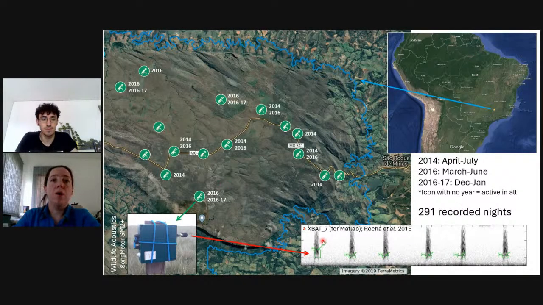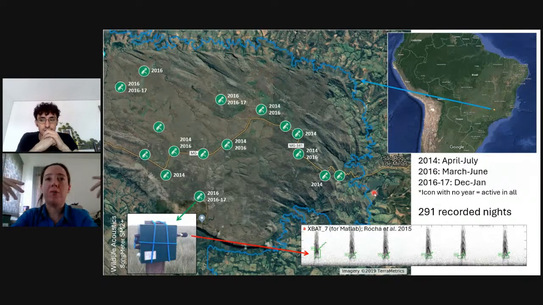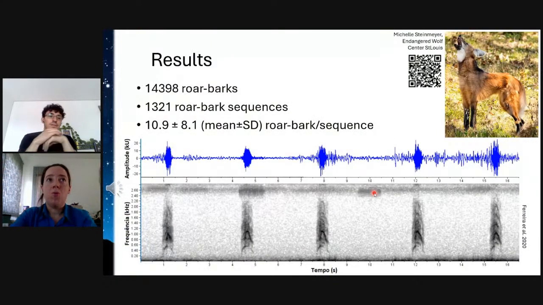And then we analyzed the spectrograms, and through software that automatically finds the roar barks, which we developed, we got a lot of roar bark sequences.